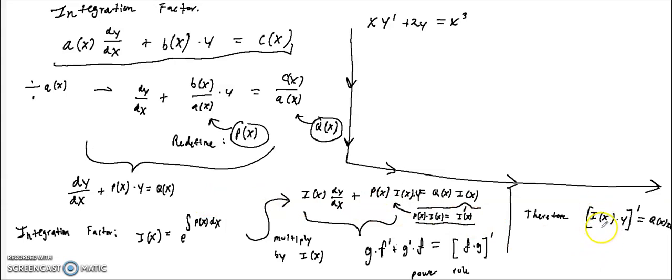The integration factor times y, its derivative is q of x times the integration factor, and it just ends up working out to be solvable. And our integration factor is going to be of the form e to the integral of p of x dx.